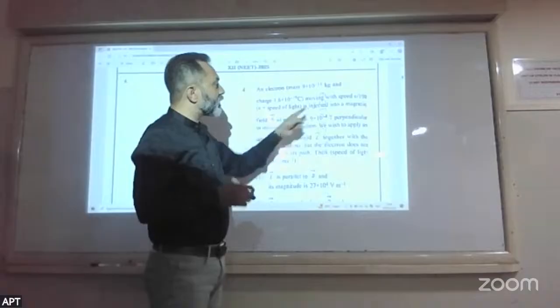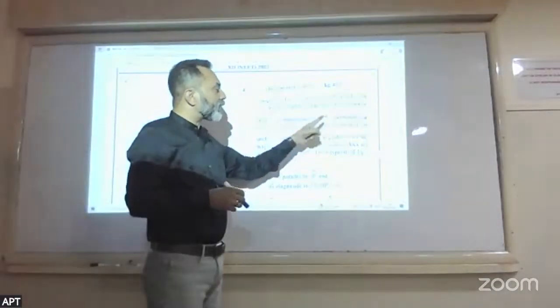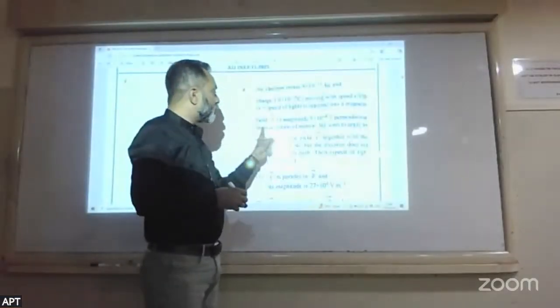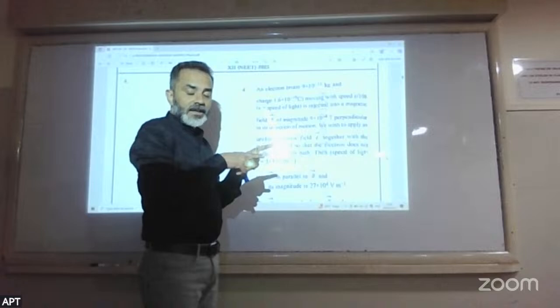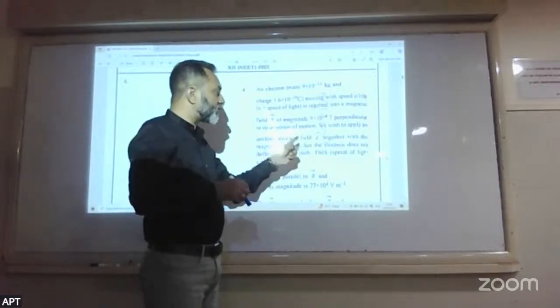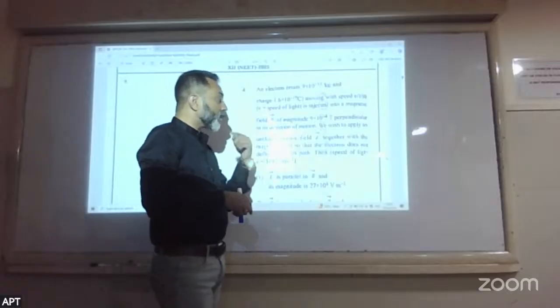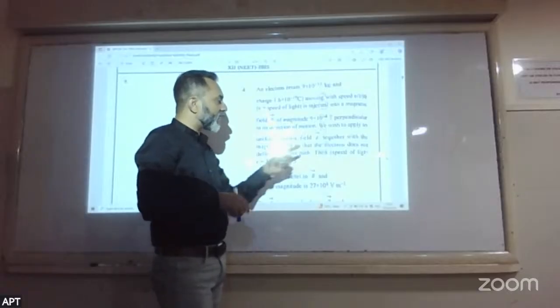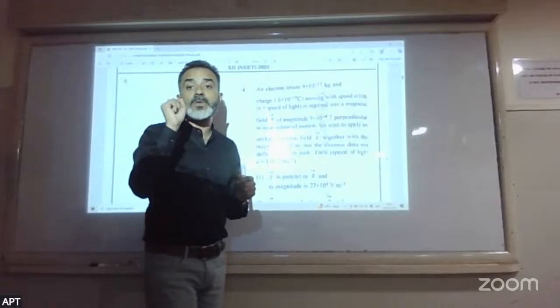It is injected into a magnetic field of magnitude 9 into 10 raised to minus 4 Tesla, perpendicular to its direction of motion. We wish to apply a uniform electric field together with the magnetic field such that the electron does not deflect. That's the important point, does not deflect.